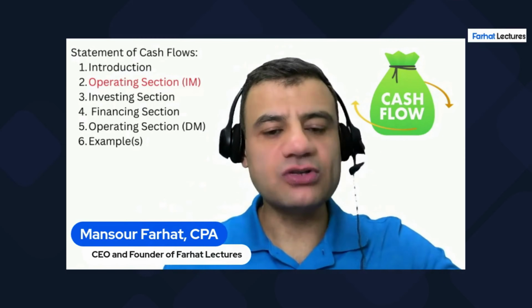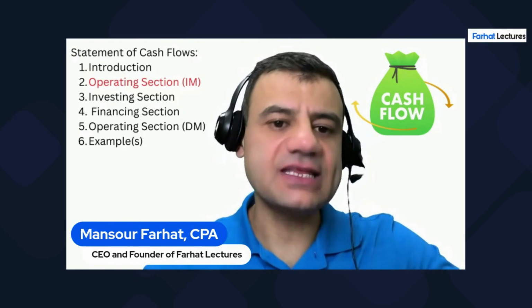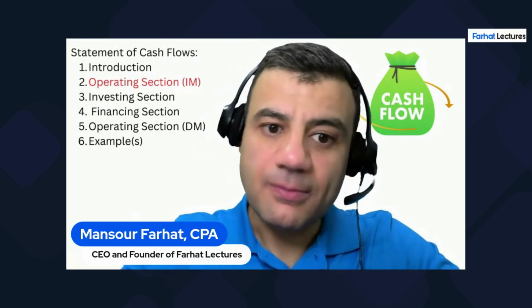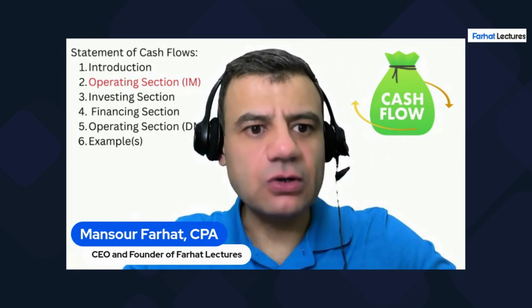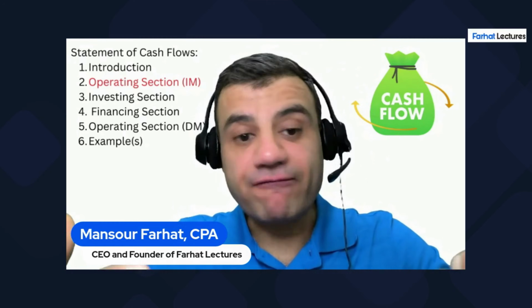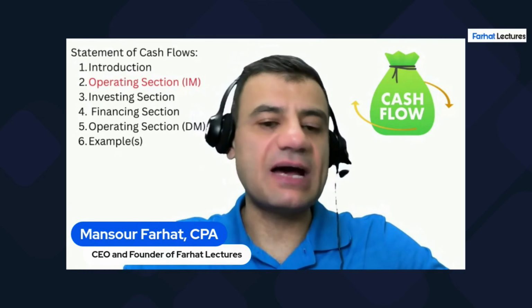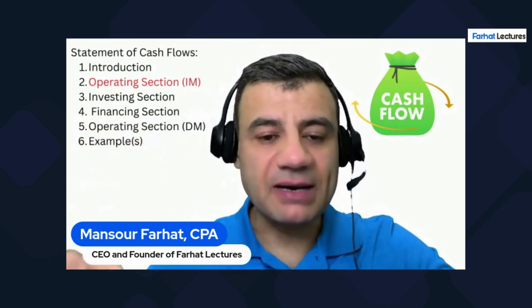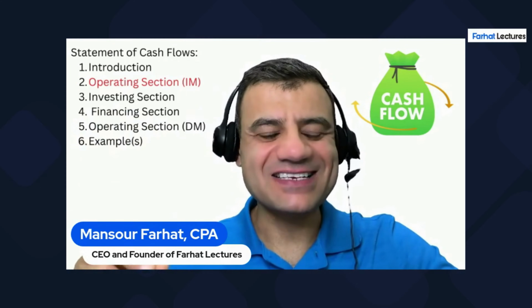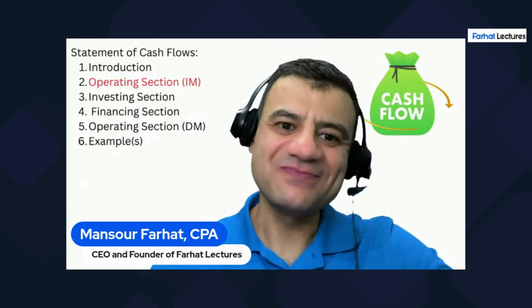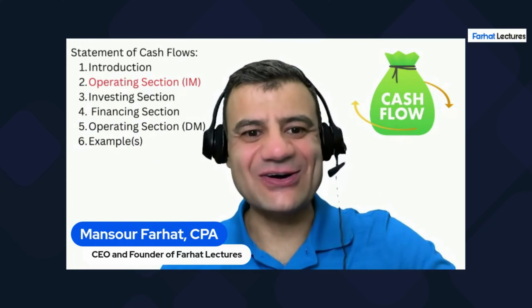So it's very important. If you don't have a good, strong understanding of your income statement or balance sheet, you might have to do a quick review. Otherwise, just follow along. I'm going to show you 5 steps in computing the operating section. I'm going to show it to you step by step. Follow it. Practice, practice, practice. We're always here for you. Let's go ahead and get started.